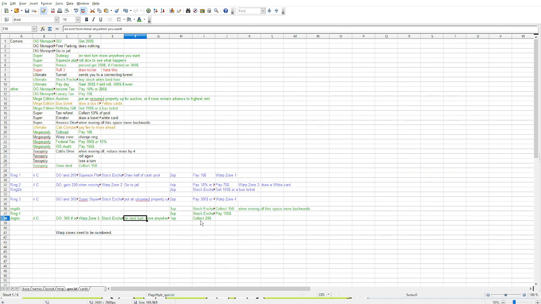So, one of the parts of one of these sub rings, ring 4C on the opposite side of the board from the Go space, has a collect 200 space.